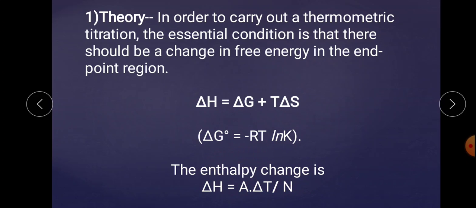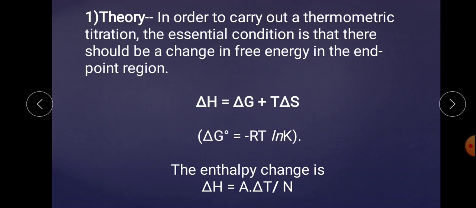delta T upon N, where delta H is in kilocalories per mole, that is the change in enthalpy. Delta T is in degrees Celsius. It is the change in temperature corresponding to the formation of N moles of product, and A is the apparatus constant, equal to the effective heat capacity of the titration cell plus reactant solution.